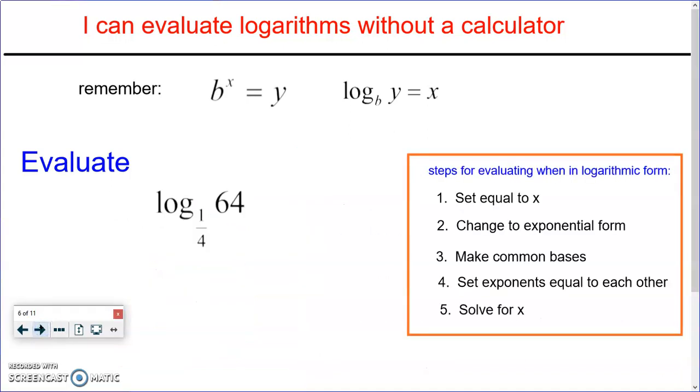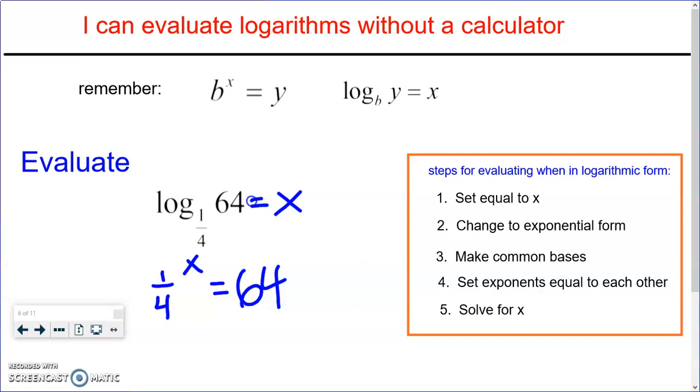We'll look at another example. Evaluate log base 1/4 of 64. Step 1, again, we're going to set equal to x, and then we're going to rewrite it. When we rewrite it, we have 1/4 to the x equals 64. So we've got a couple things we need to figure out here. We know that 1/4 means that our bigger number is on the bottom.